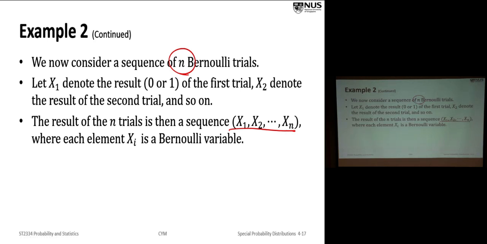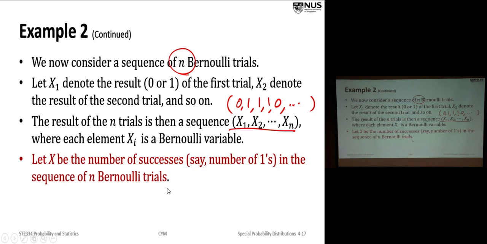And what are the values of x1, x2, xn? They are either 0 or 1. So a particular outcome will be like 0, 1, 1, 1, 0, and so on. This is a particular realization of the sequence of random variables.